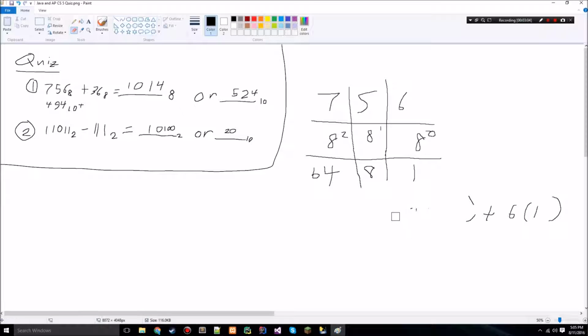Let's erase the third column. There we go. And then you need to put 36 up there.